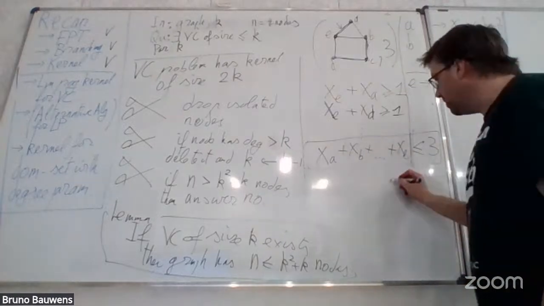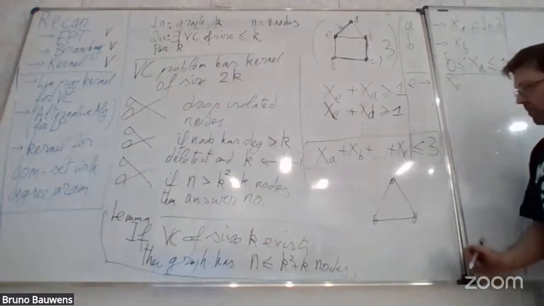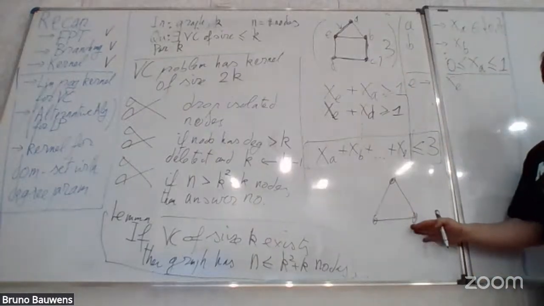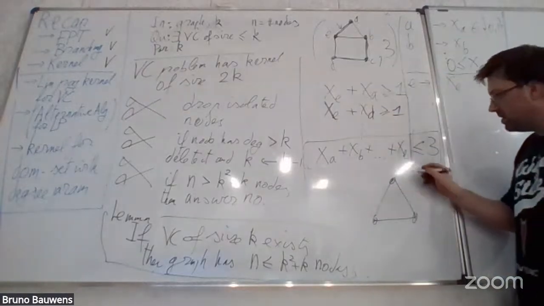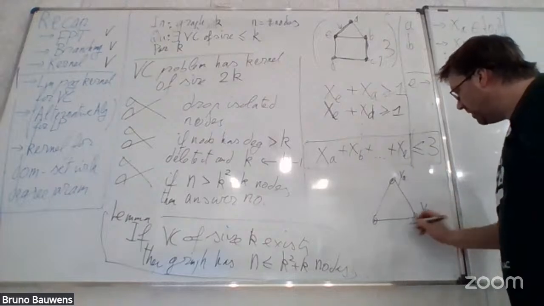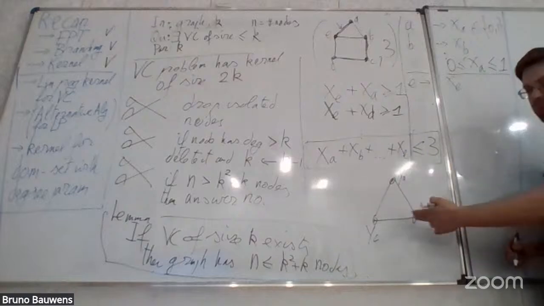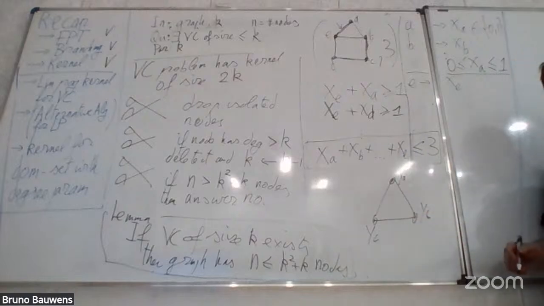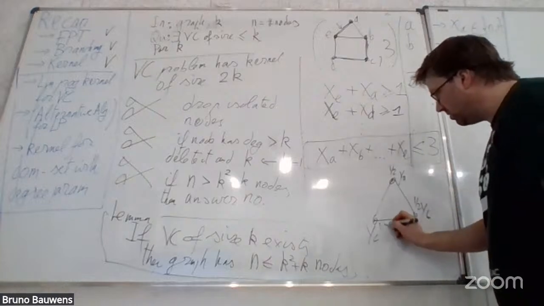So for example, if we give it a triangle and we want a vertex cover, we give the system for the triangle. Let's call the variables ya, yb, and yc. If we want the minimal size fractional vertex cover, it will assign 1/2 to each of the nodes.